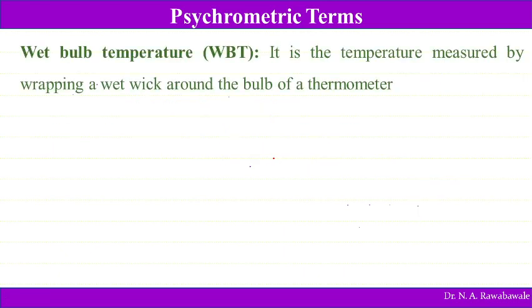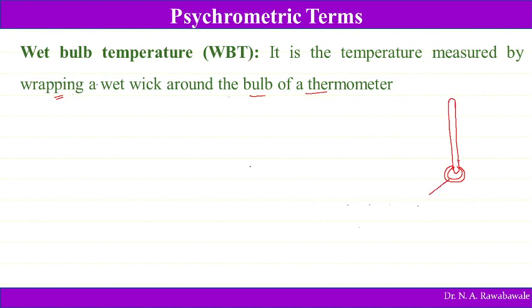Now coming to the next temperature measurement, WBT, wet bulb temperature. What is wet bulb temperature? It is the temperature measured by a thermometer with a wet cloth wrapped over its bulb. So this is the thermometer, and it has a bulb which is covered with a wet cloth or wick, and the temperature is measured.